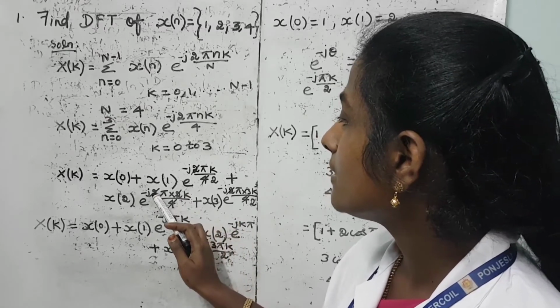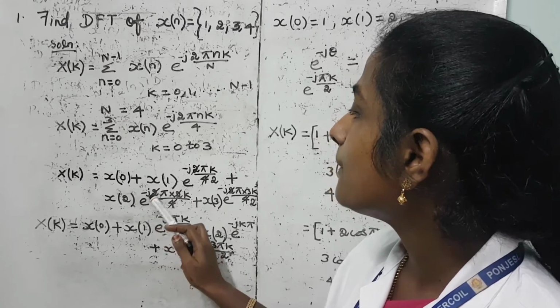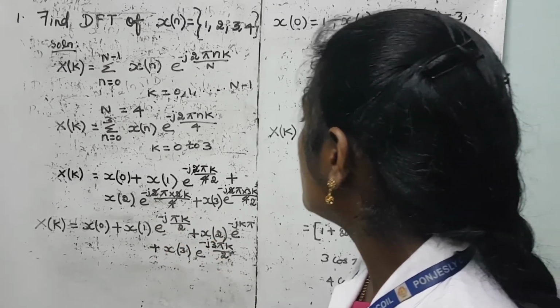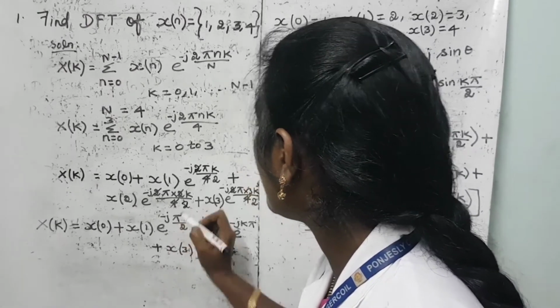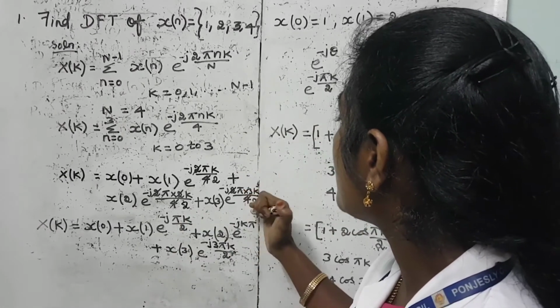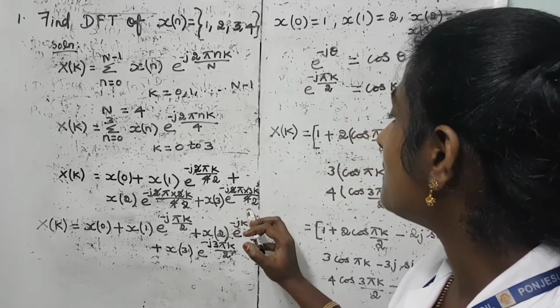So this 4 and 4 will get cancelled, so you will get e power minus j pi k divided by 2 plus x of 3 into e power, in the nth place you have to substitute 3, so e power minus j 2 pi 3k divided by 4.